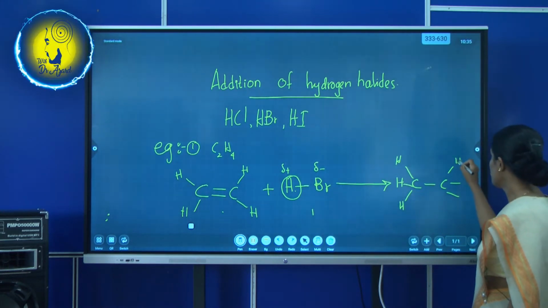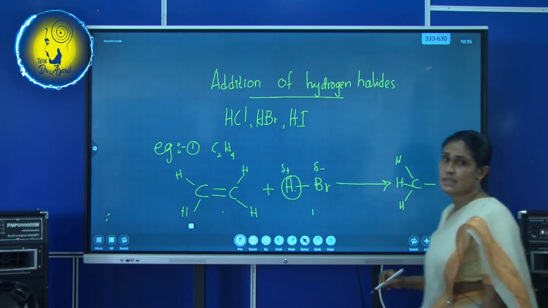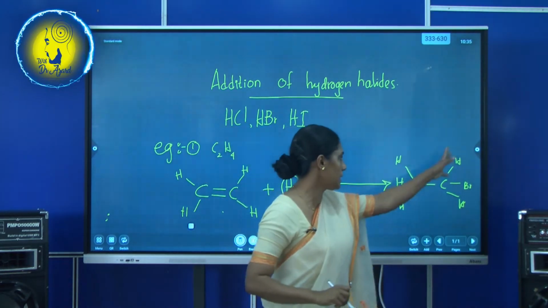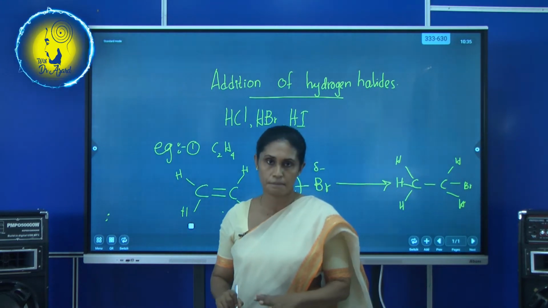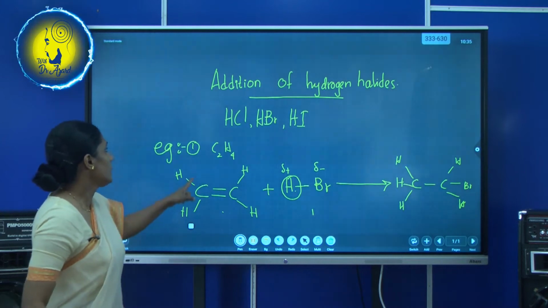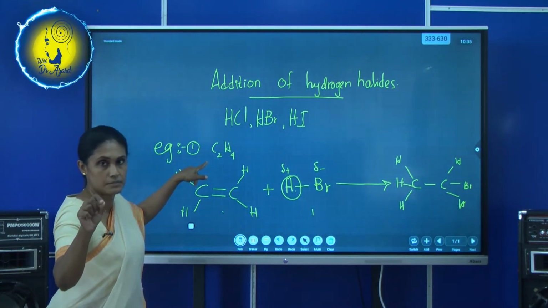You have 2 hydrogens on one side, and I'm going to represent it here. And you may ask, teacher, why can't we write Br somewhere else? Yes, no problem, here or here, you can mention it. That is the mechanism of drawing the addition of hydrogen halides to an alkene.